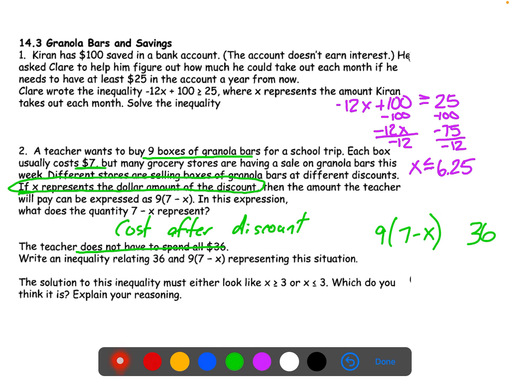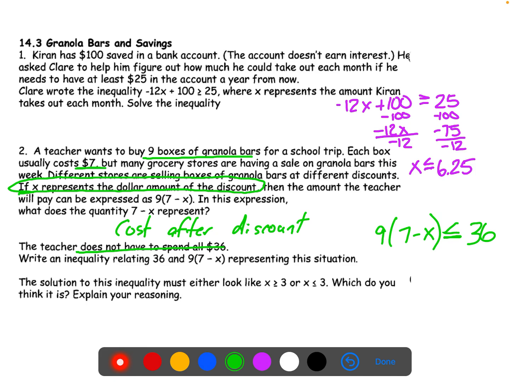And remember, it said the teacher does not have to spend all $36. So, do we want the cost of the boxes of granola bars to be larger or smaller than $36? We want it to be smaller, if possible, because then she's not spending all of her budget, or it could equal 36 if it had to.